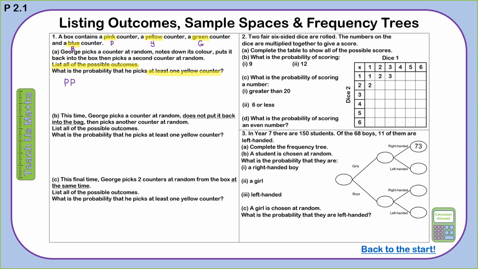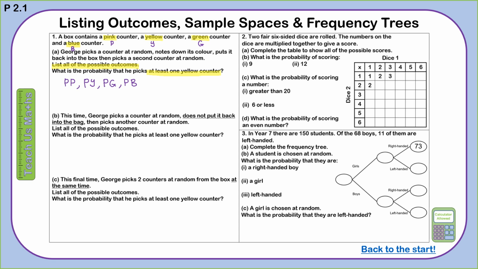Now let's continue to consider the scenario where George picks a pink counter first. He could now pick a yellow counter second, or he could pick a pink counter first and a green counter second, or he could pick a pink counter first and a blue counter second.